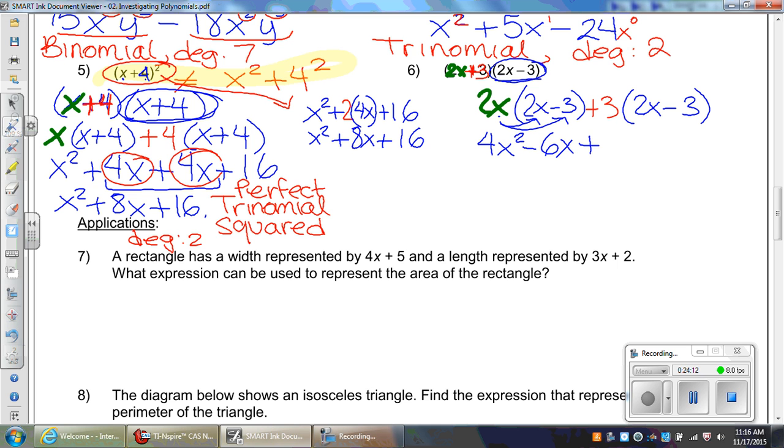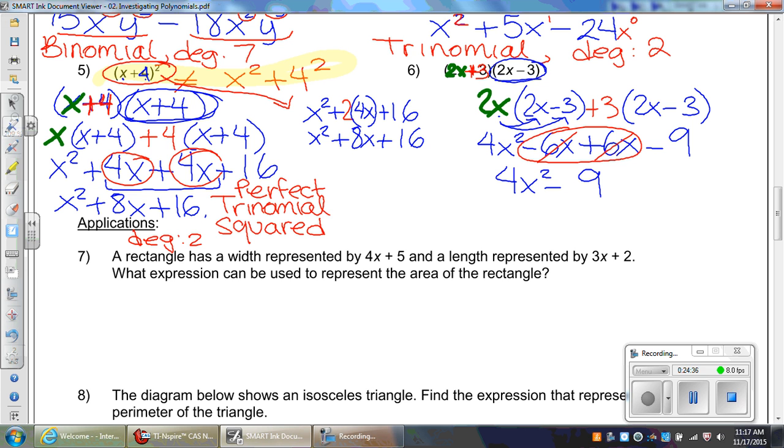Positive 6x. Negative 9. Very good. And now we look at the two terms in the middle, and you could tell that they are opposites, right? They have opposite signs. So if we combine them, we're going to get 0. You may see they cancel. So we end up with 4x squared minus 9.